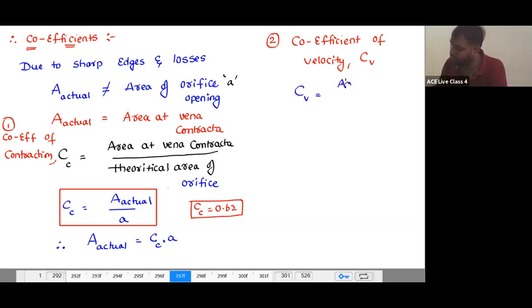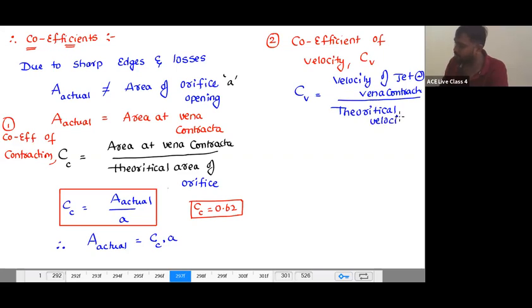Again, sorry, it is the velocity of the jet at vena contracta to the theoretical velocity.